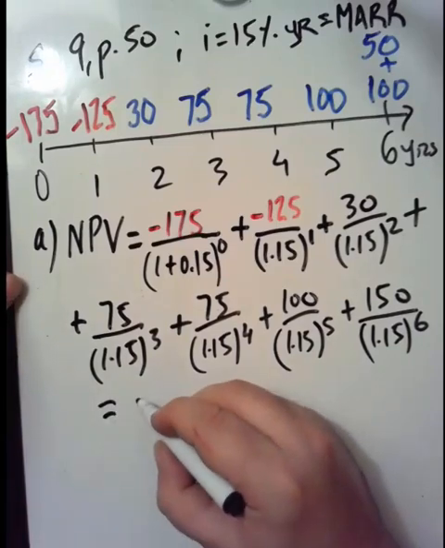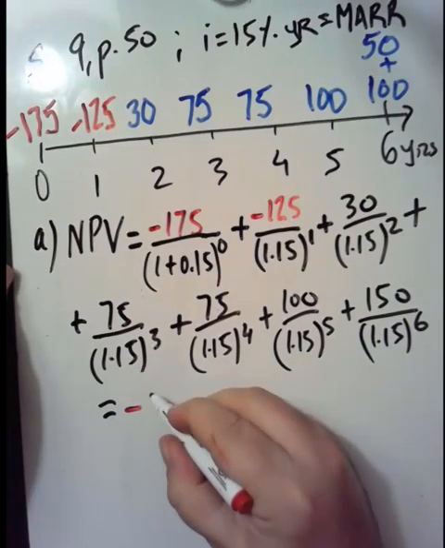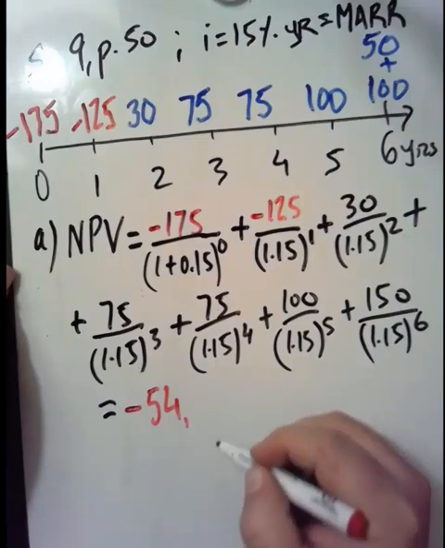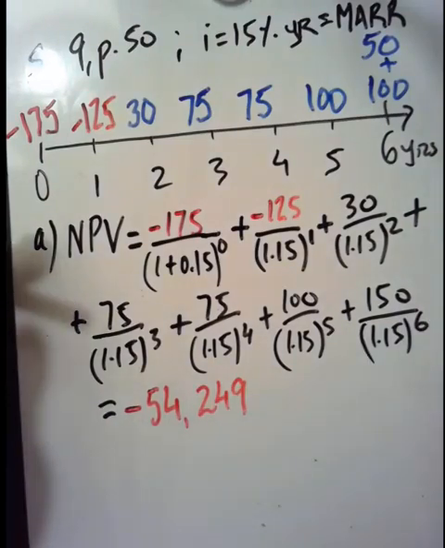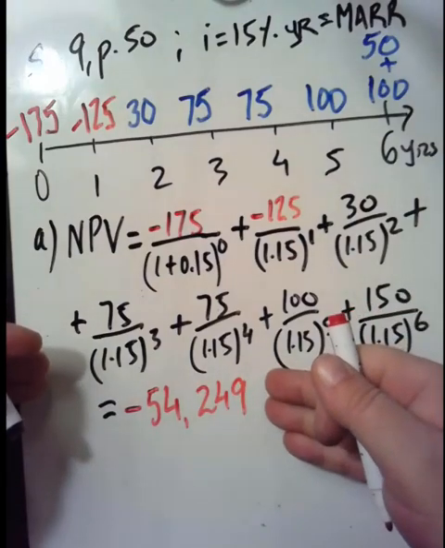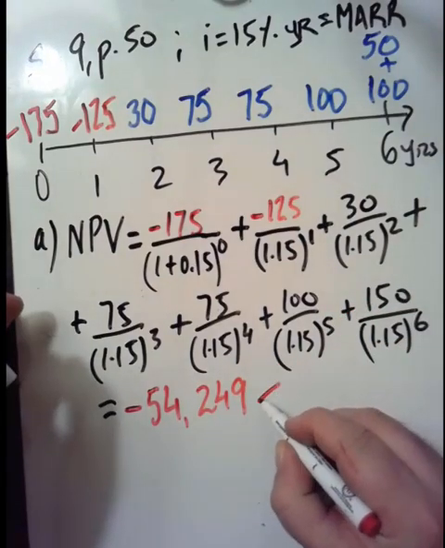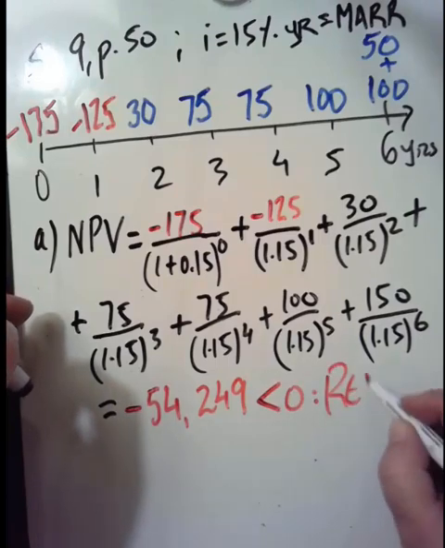And that's how you get a value of negative $54,249. So if we impose a return of 15% as the minimum that we want, this project is not worth it. It will give us a loss of $54,000. So this is less than 0, therefore reject this project.